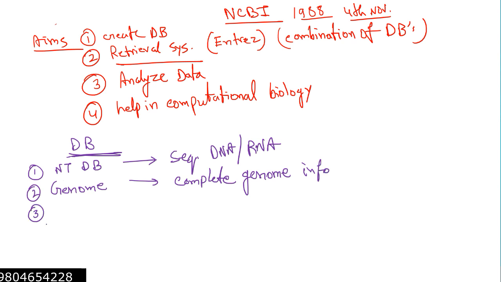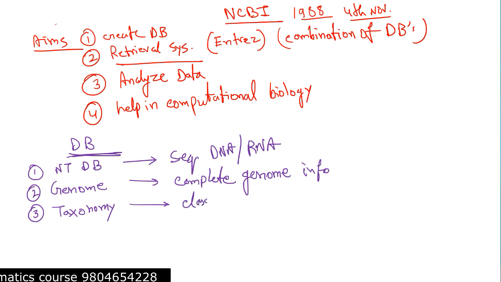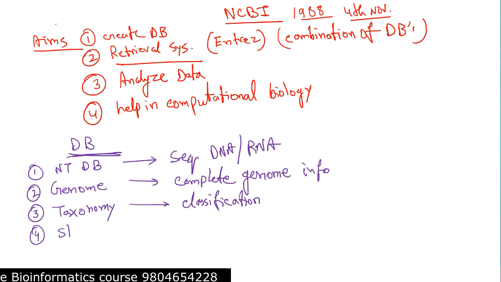Then third, taxonomy databases. This is for classification of organisms, animal classification, plant classification. What else do we have? Structural database.